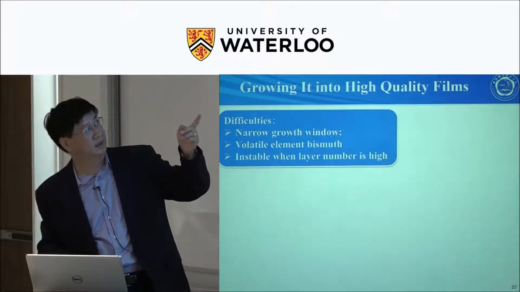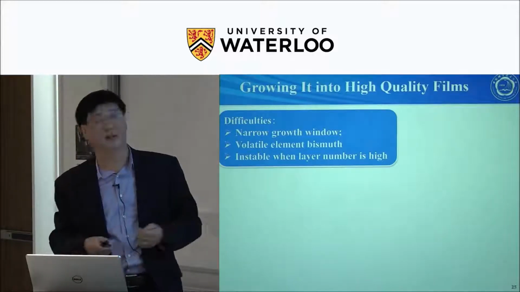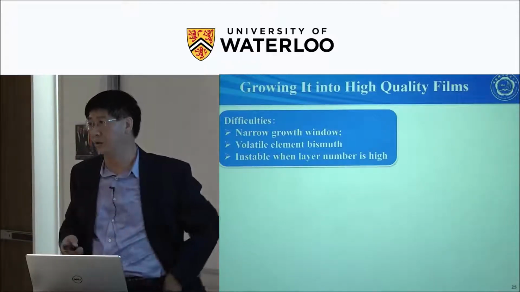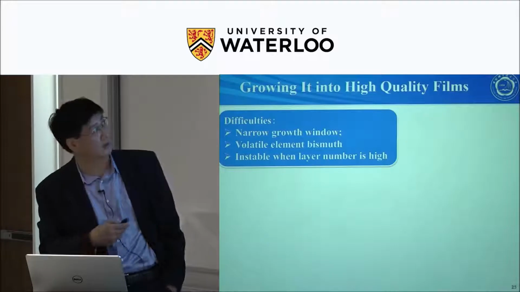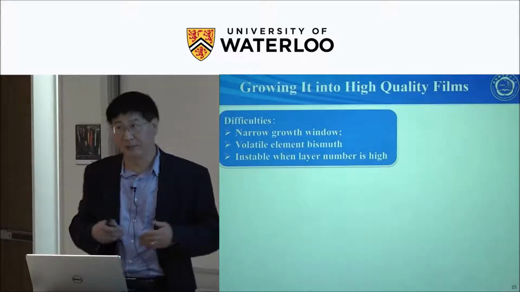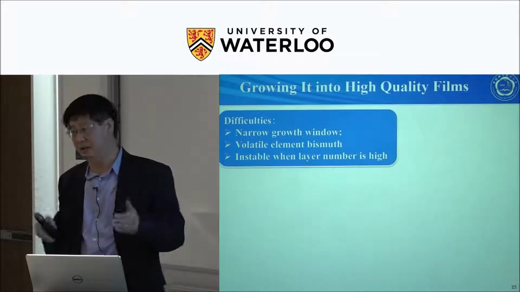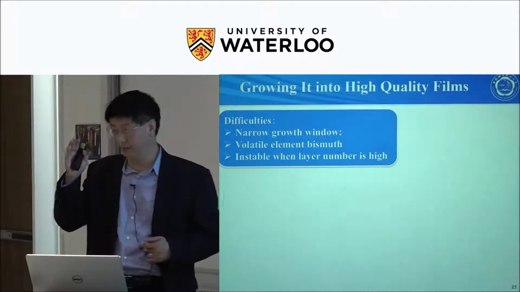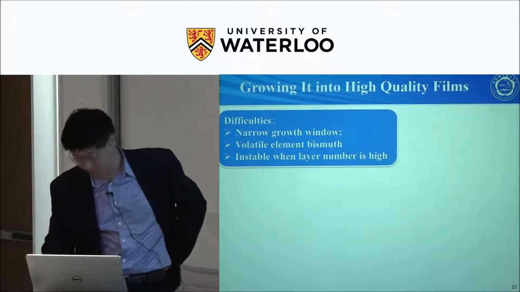Then this bismuth is volatile, okay? So we need to have a way to control this, to reduce the evaporation of this bismuth. Then when the layer number becomes high, this is not stable. What not stable means, I'm going to show you later, okay?